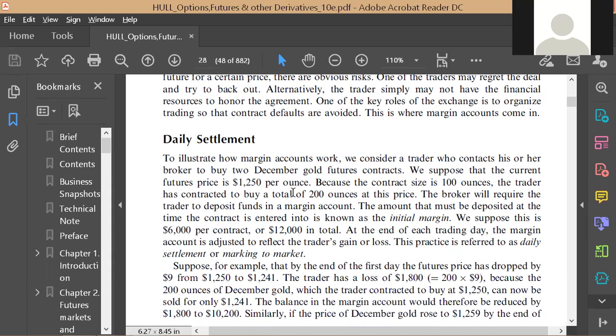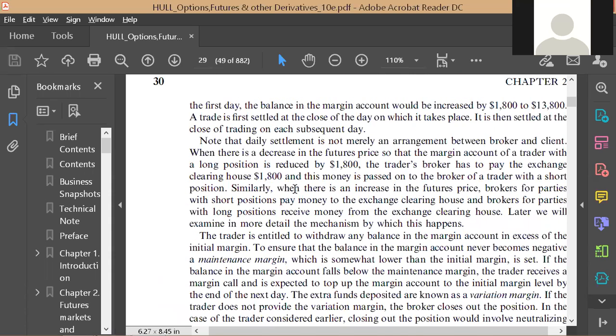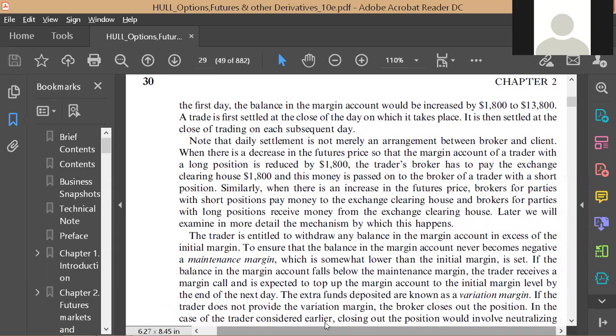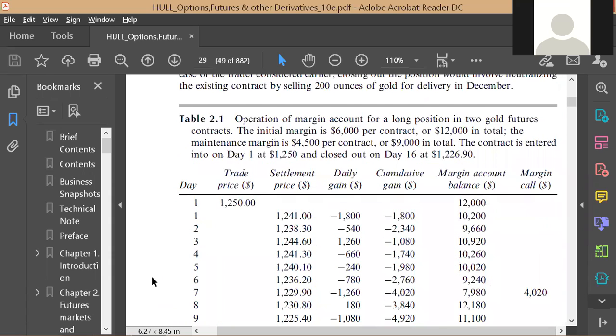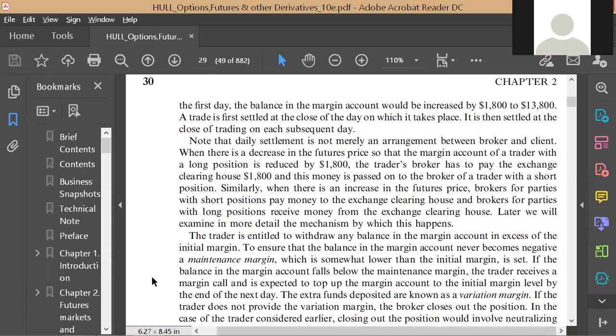Let me just find the statement. Towards the end, they actually make a statement.